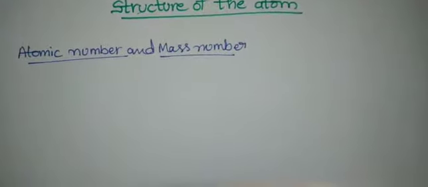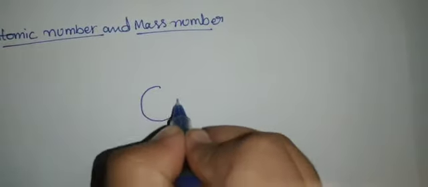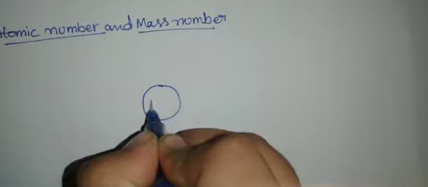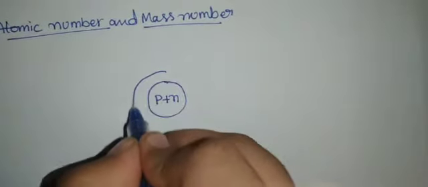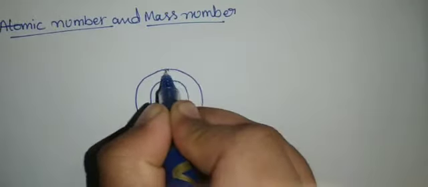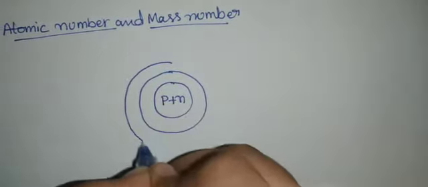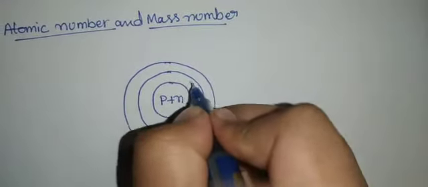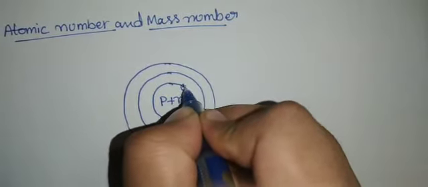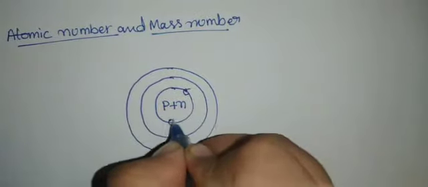Students, you know about the structure of atom, right? It is called atomic nucleus, which consists of protons and neutrons, and the electrons are revolving around the nucleus in discrete orbits, right? Electrons.